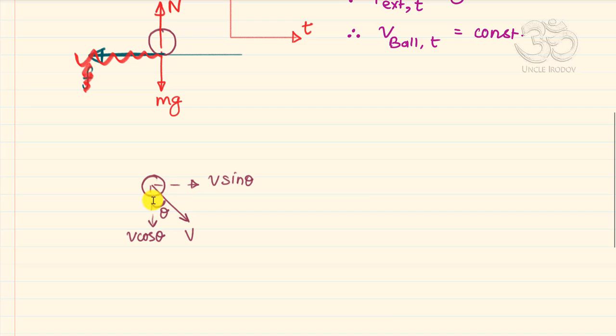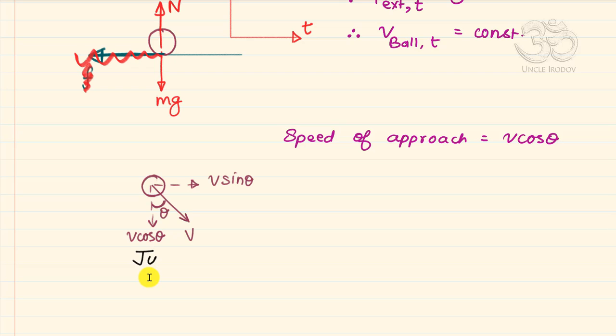And you will see that the ball is approaching the floor with a velocity V cos theta. So therefore I can claim that the speed of approach is going to be V cos theta. And this entire diagram is before the collision, just before the collision. So let me also mention that here, just before.